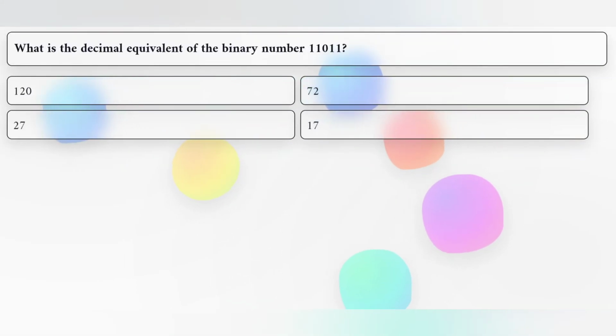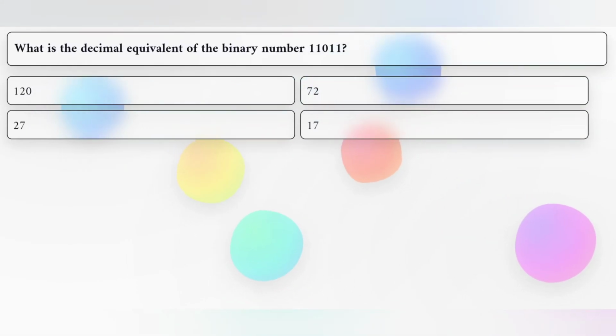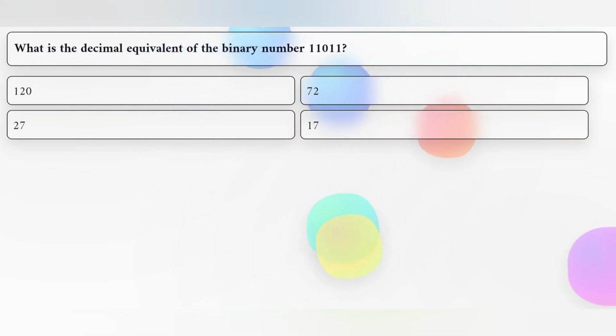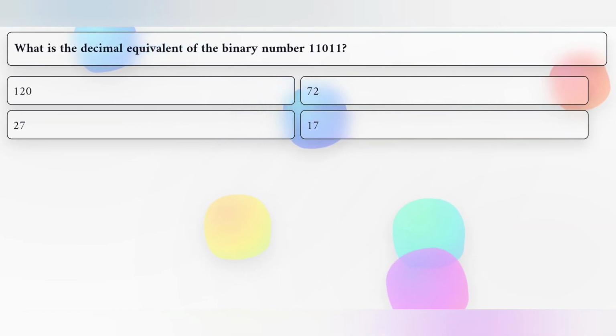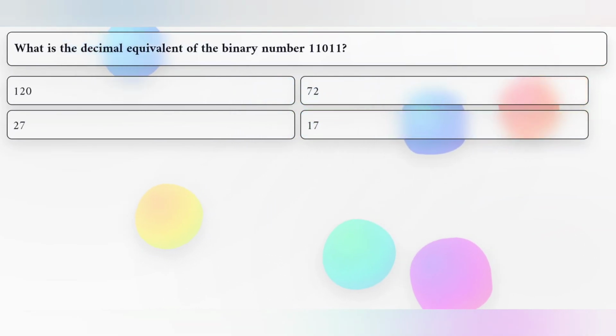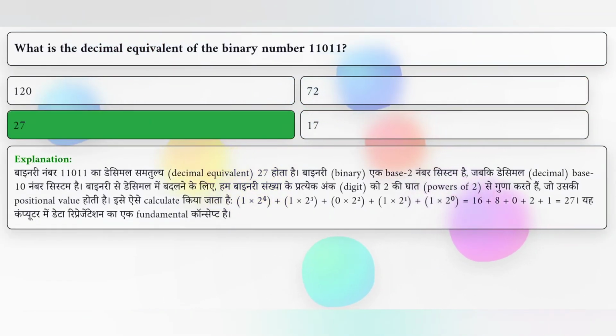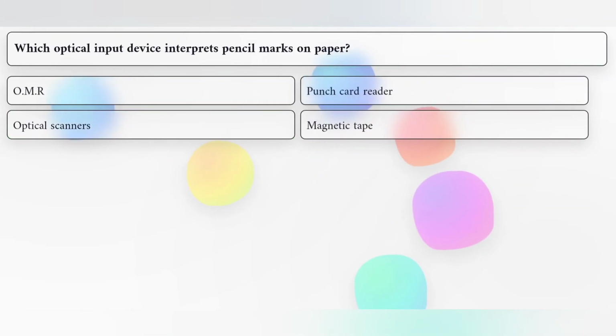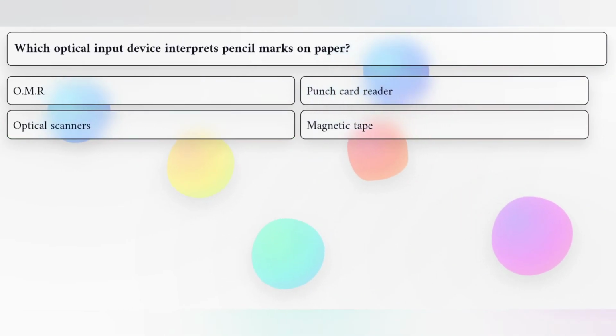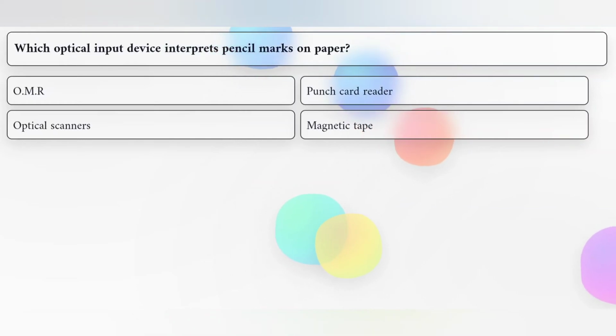What is the decimal equivalent of the binary number 11,011? 120, 72, 27, 17. Which optical input device interprets pencil marks on paper? OMR, punch card reader, optical scanners, magnetic tape.